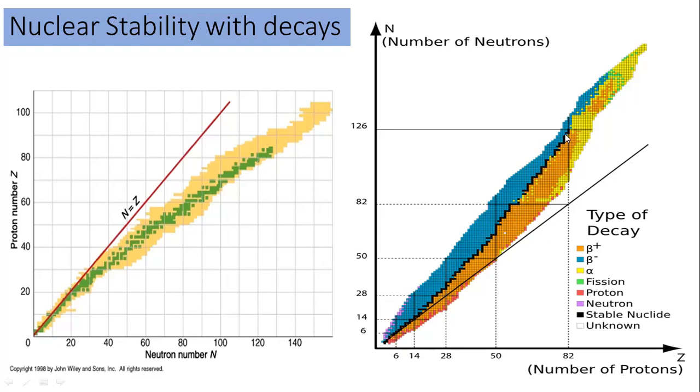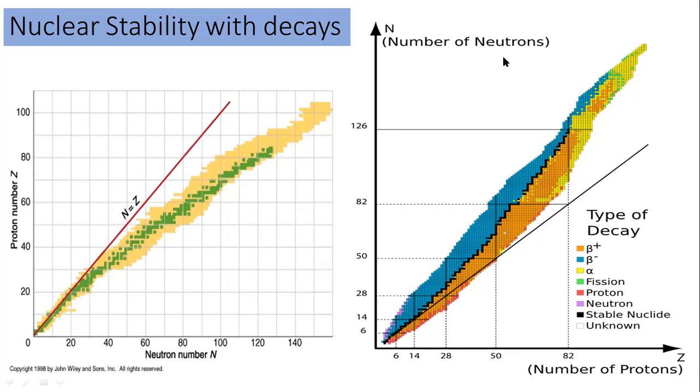So this solid zigzag line with the black color is made of the stable nuclides. Because this is a natural phenomenon, the number of neutrons must be greater than the number of protons to overcome the repulsion between the positive charges.